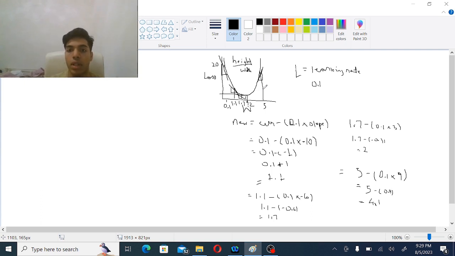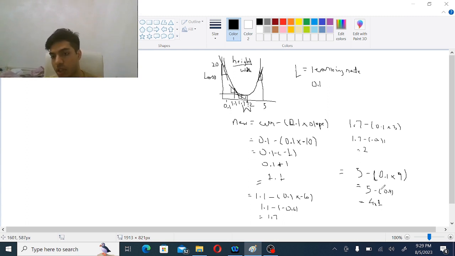So we are here currently. In order to get a smaller loss, we need to push the value of our parameter w to the left, meaning we need to decrease in value. And that is exactly what's happening over here. Because our slope was a positive value, we're subtracting a positive number from a positive number.